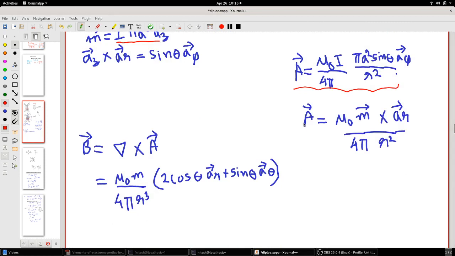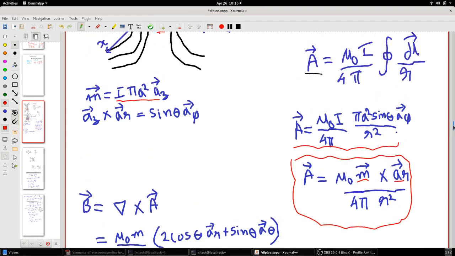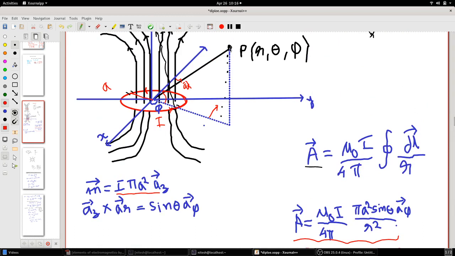What I get is the formula for A, the vector potential. This formula is what we will be using. A equals mu 0 times the magnetic dipole moment cross product with the AR vector. AR is the vector in the direction of the point at which you want to find the magnetic field intensity. P is the point where you want to find it, at r theta phi.